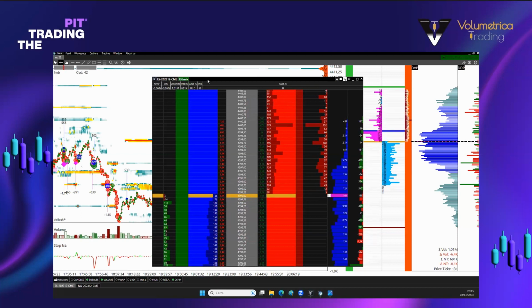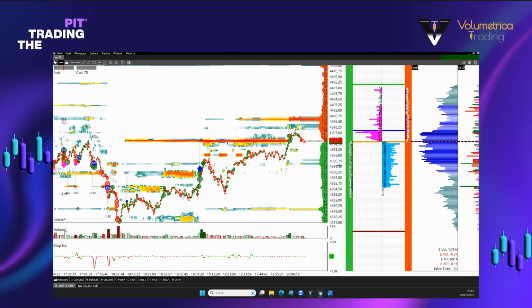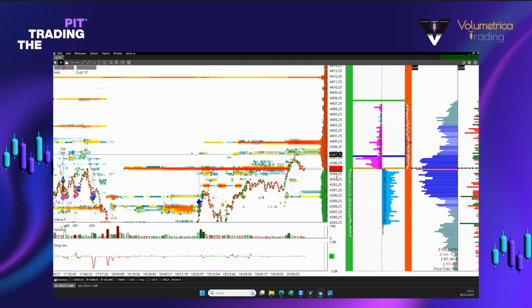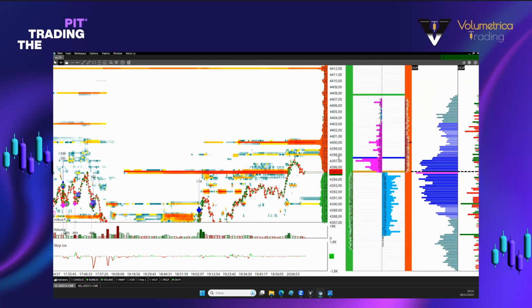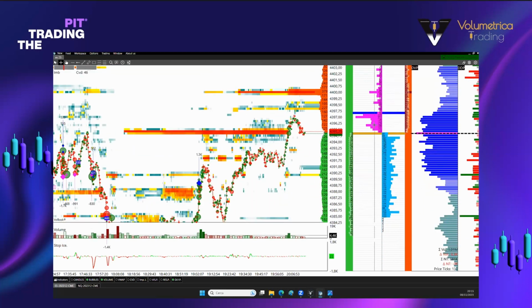Heatmap shows exactly the very same thing, but with a visual representation. That means we still have the DOM over here. That's the bid.